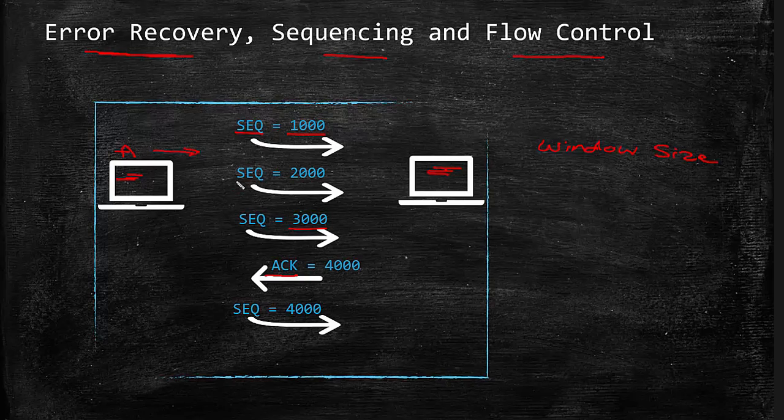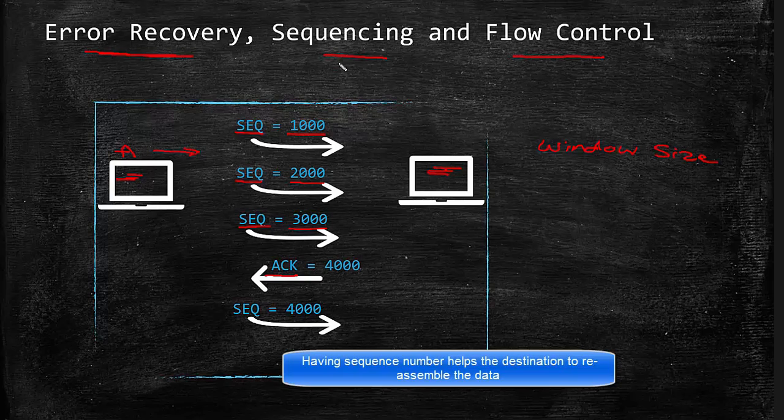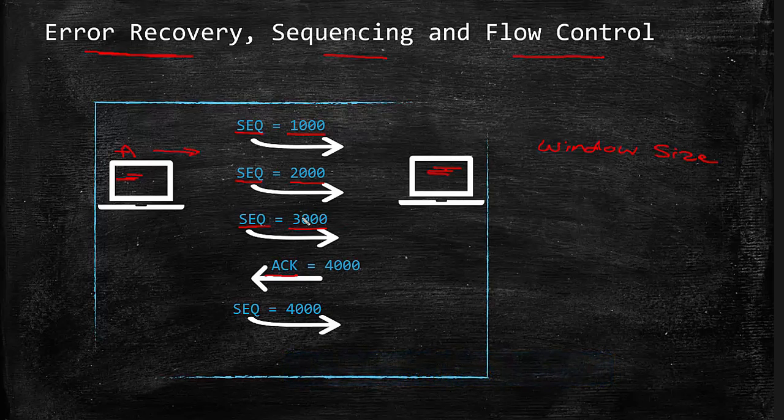The next segment is sequenced 2000, and the next one is sequenced 3000. This is sequencing and sending the data in order: first 1000, then 2000, then 3000. And now we have reached the window size, so the sender will stop to receive the acknowledgement.